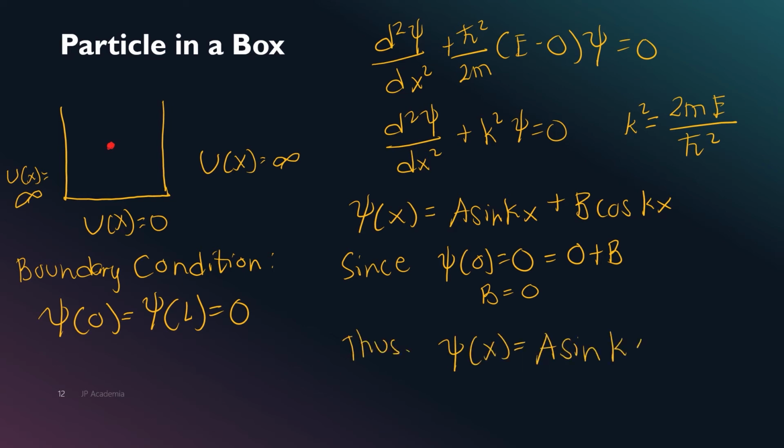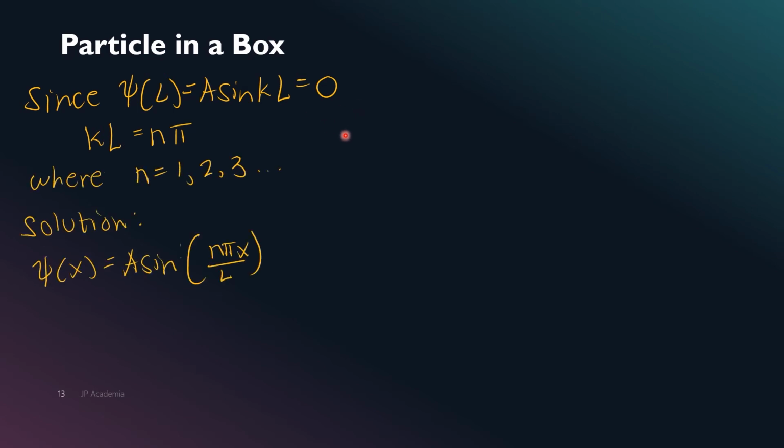Thus, we have psi of x equal to A sine kx. Since when x is equal to L, the wave function is equal to 0 based on our boundary condition, the solution is psi of x equal to A sine n pi x over L.